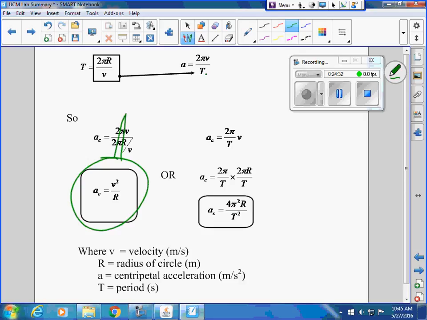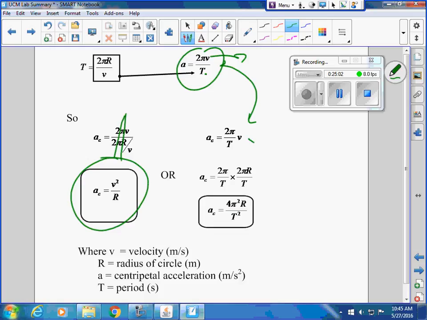Now, some people like it another way, which I'm going to show you. When I take this value for t and plug it in here, I can write this as 2 pi over t times v. I can just pull the v out to the side.